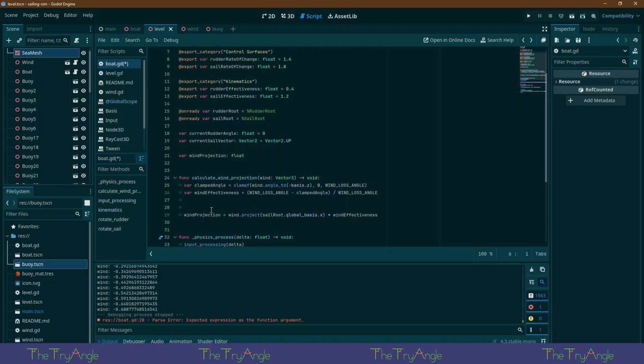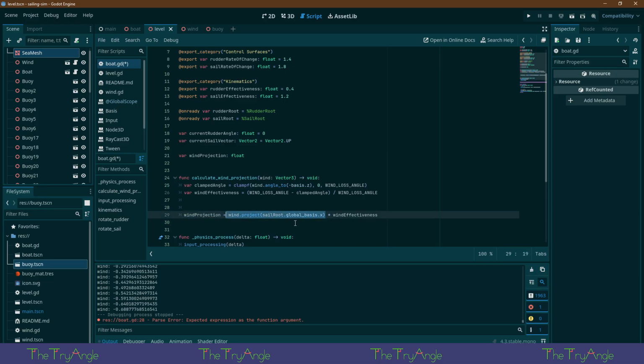That's a vector. I should be throwing an error here, actually. Let me think here. Wind project. No. No, it's not just the effectiveness.